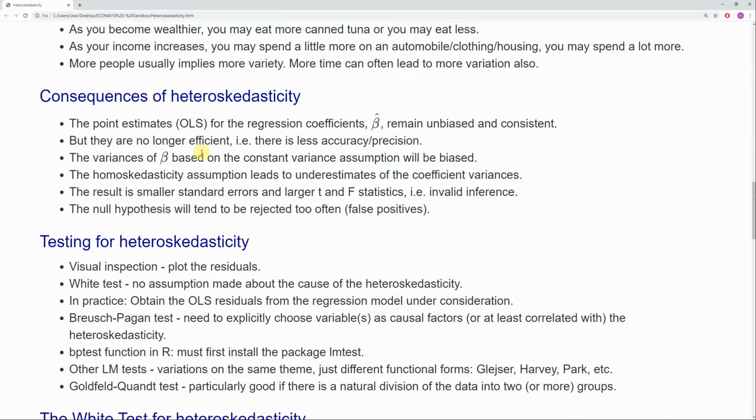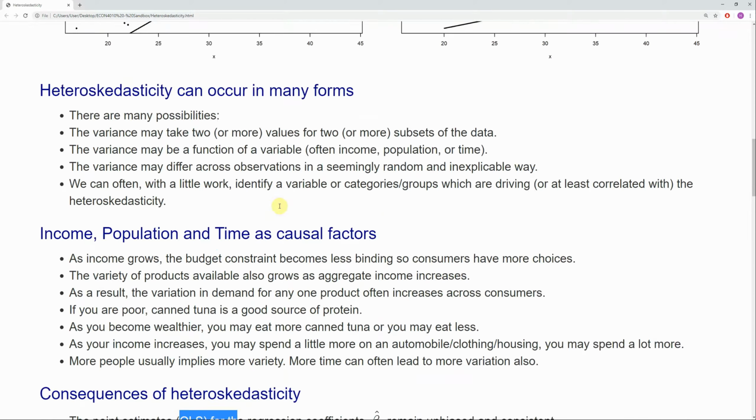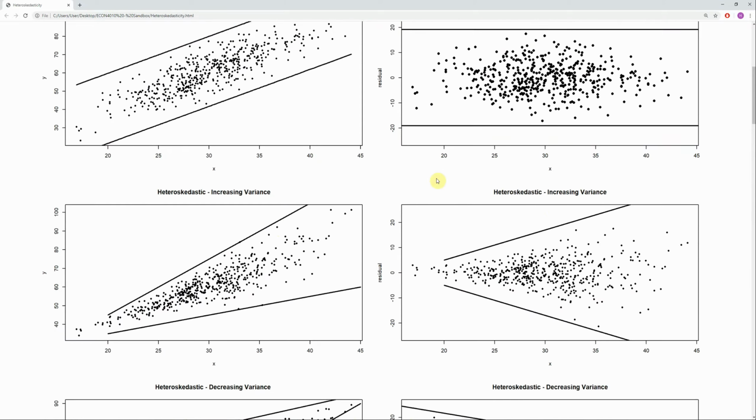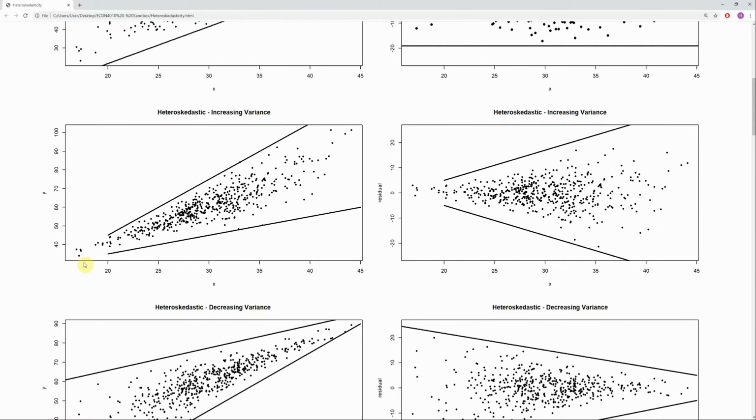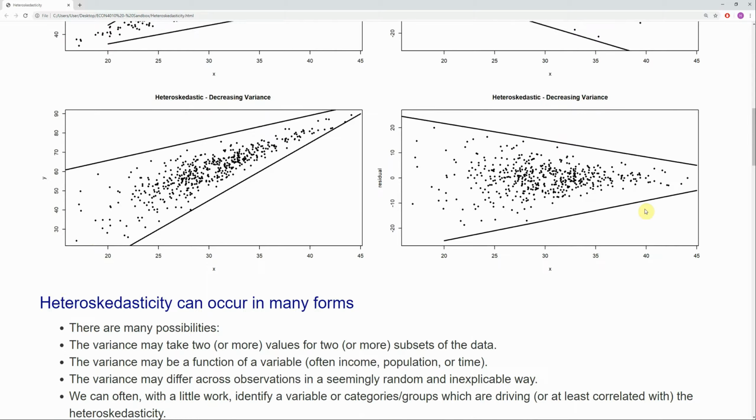The first thing that you need to remember is that the point estimates for this regression are going to be the same. If you imagine this line that was going up and then you bring it down, that's going to be the zero line over there. Again, the line that's going to pass through these points and try to be in the center of them is still going to be in that center.